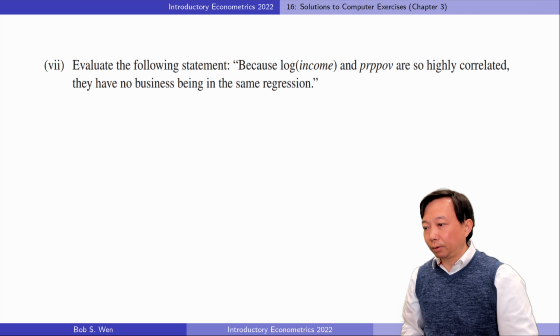For the last question, the statement is false. The correlation between the two explanatory variables will not cause bias in the estimates. But if one of them is omitted from the model, it will lead to omitted variable bias.